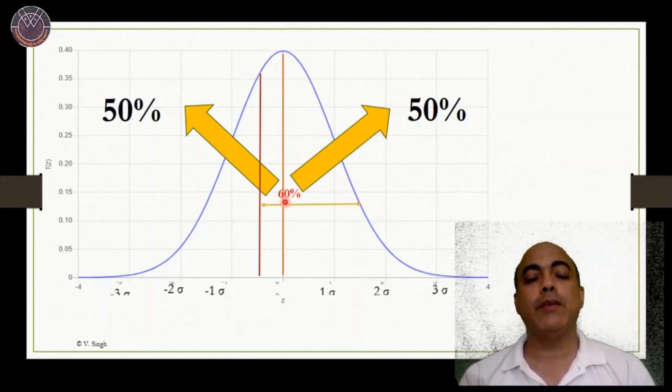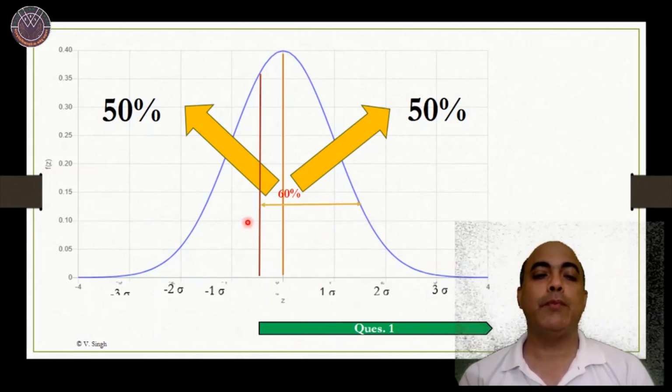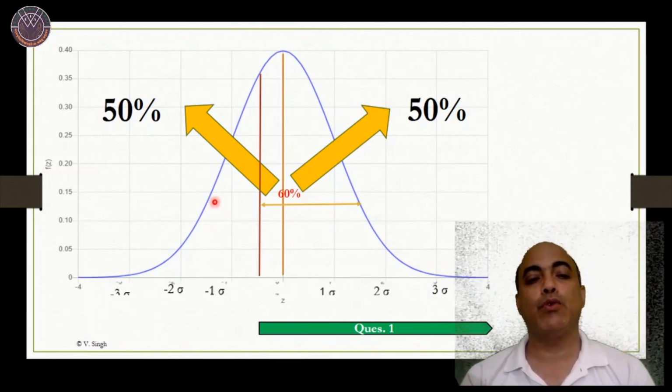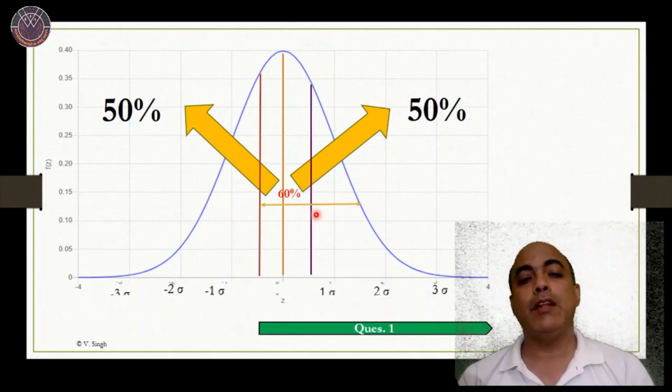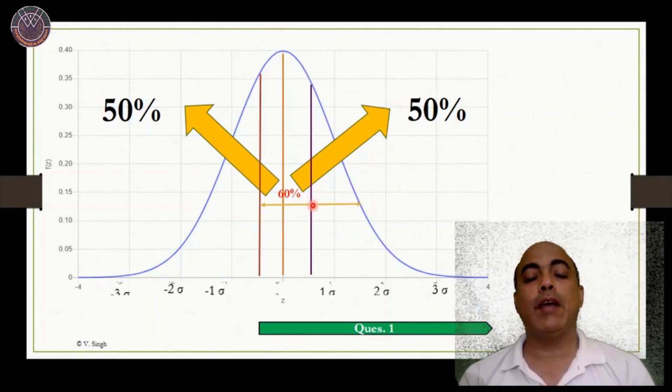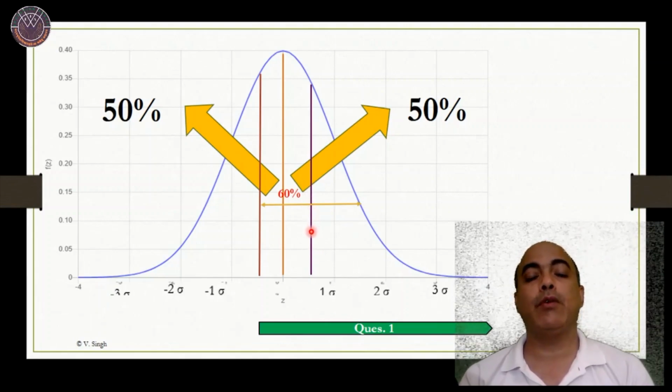So 60% of the cases are in this particular region. So question number 1 can be represented by this particular area. The remaining 40% of students, those who are lying in this left hand side, have failed this particular item. Now similarly for question number 2, we have got that 30% of students have passed that particular question.